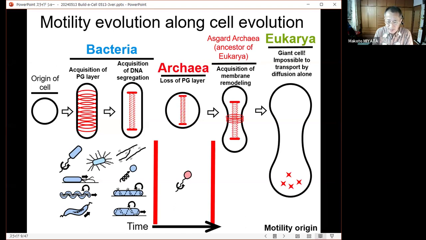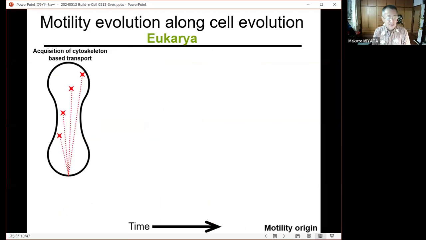Then they obtained the giant cell. And now they can't transfer material inside the cell because the cell is too large. So they acquired a cytoskeleton-based transport system. In some of the archaea, they achieved motility systems based on cytoskeletal activities.